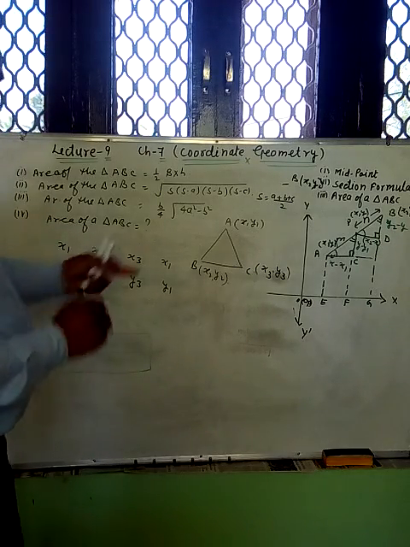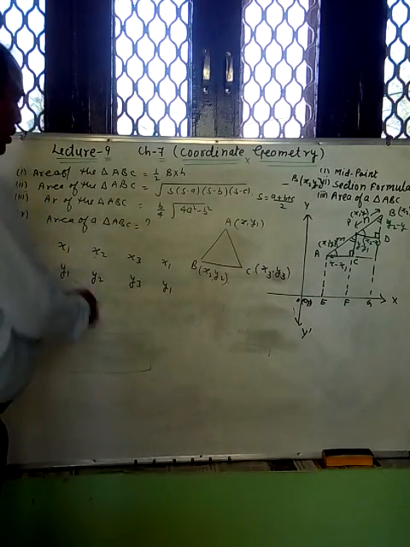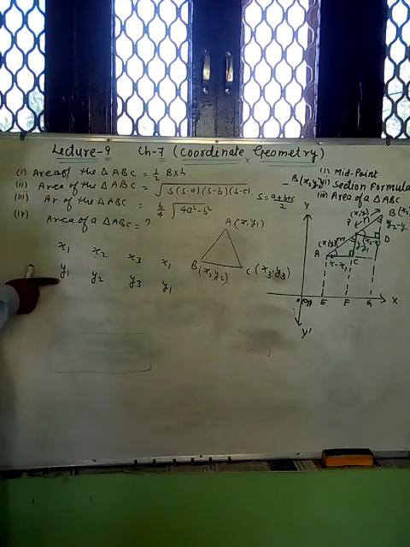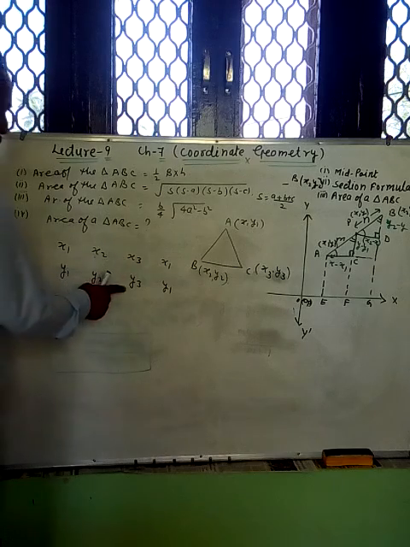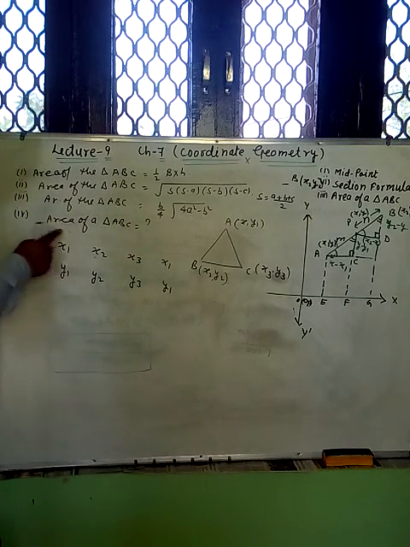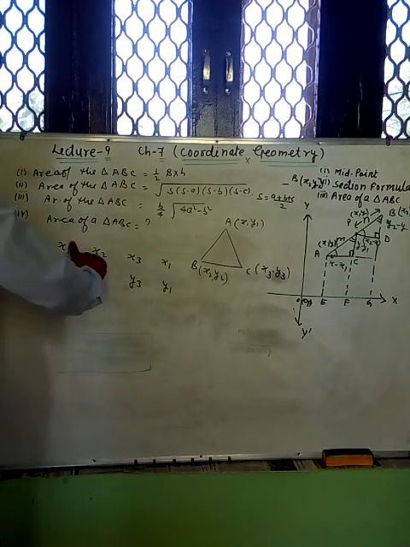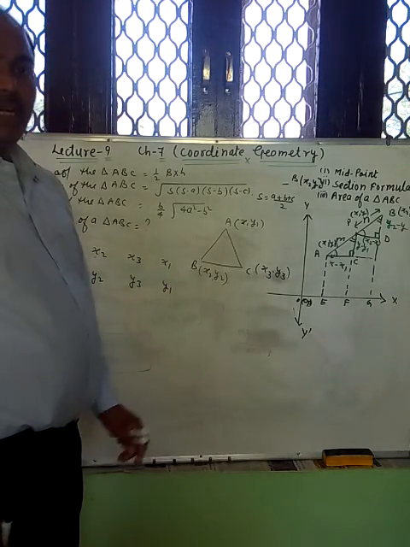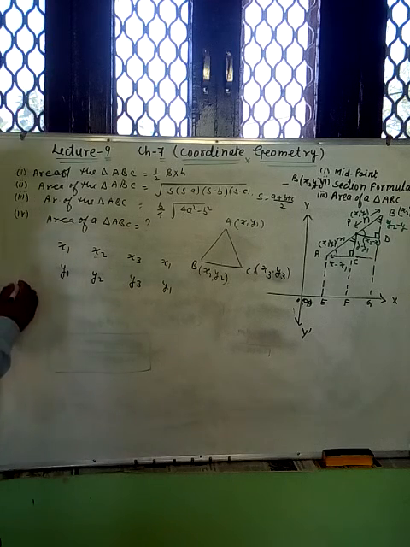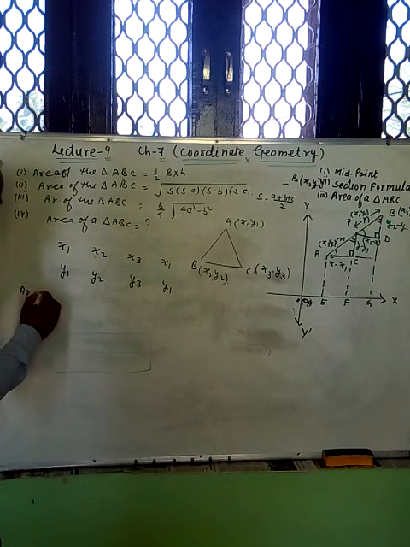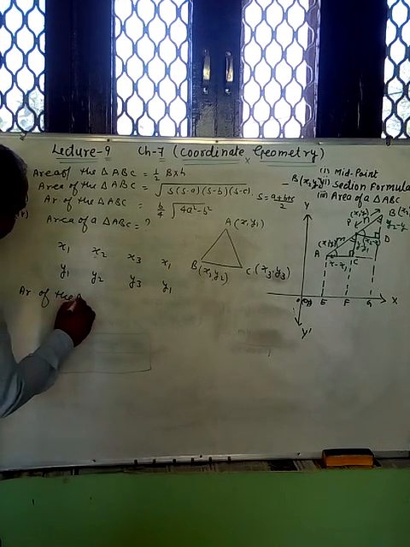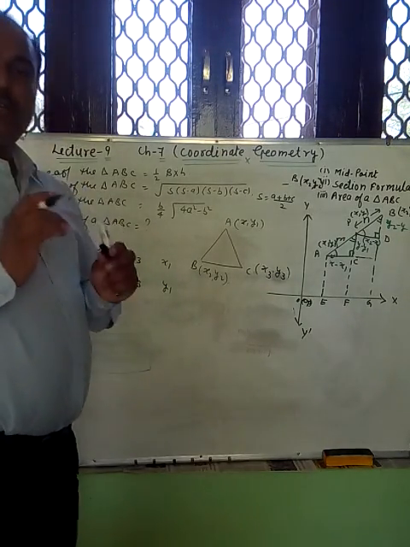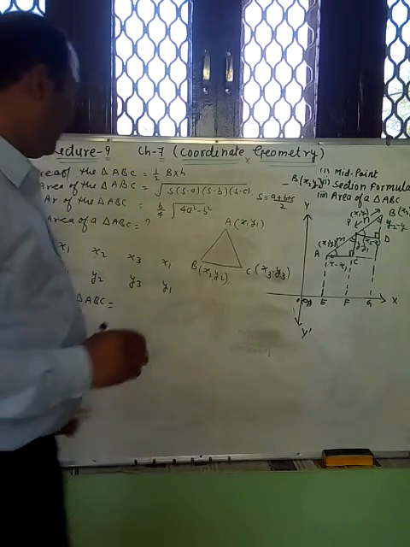These are the points of this triangle ABC: x1, y1, x2, y2, x3, y3, and the first coordinates we write once again at the last place. Now, how do we find the area of the triangle ABC? This is the easiest way to find the area.